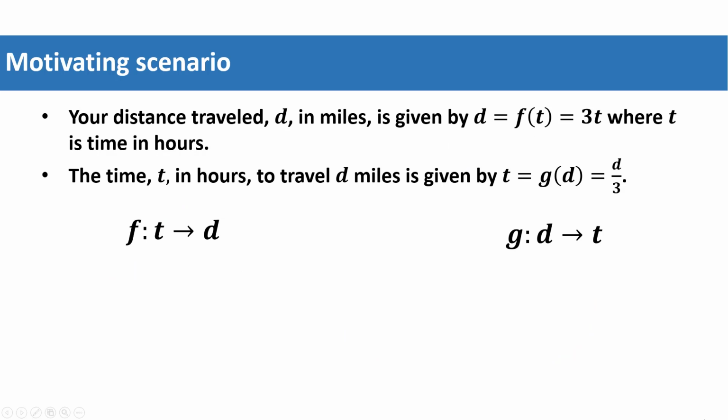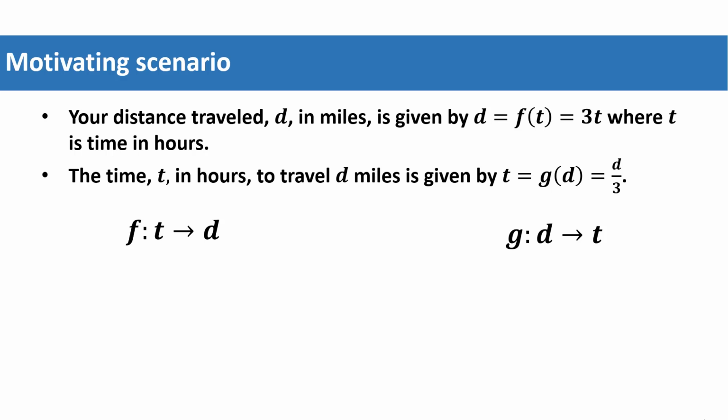So again, your distance traveled d in miles is given by d equals f of t equals 3t, where t is time in hours, and the time t in hours to travel d miles is given by t equals g of d, which equals d divided by 3. We know that function f converts times to distances, and function g converts distances to times.